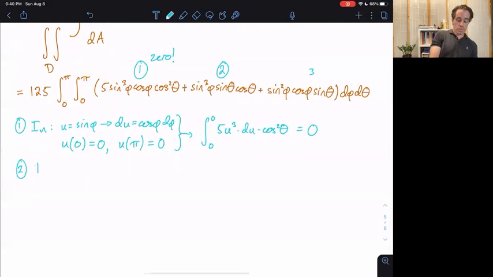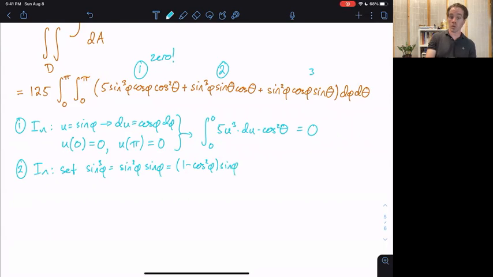For integral number 2, for the inner, I don't get to use the same u substitution because it's not sine cubed phi cosine phi. It's sine cubed phi, and then later on there is a cosine, but it's of theta. So yeah, we're not going to get away with it. We're going to set sine cubed of phi equal to sine squared of phi times sine of phi, which is 1 minus cosine squared of phi times sine of phi.